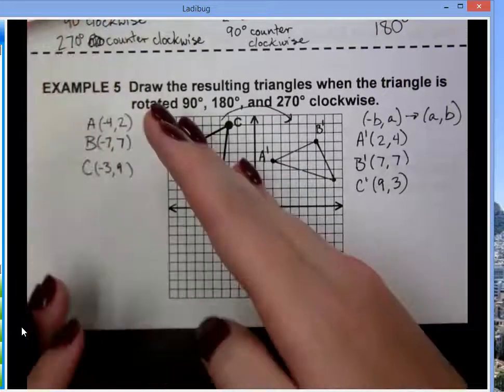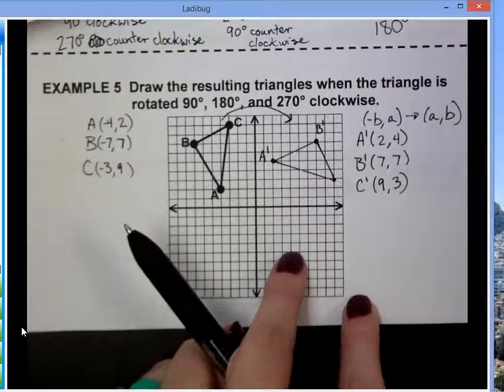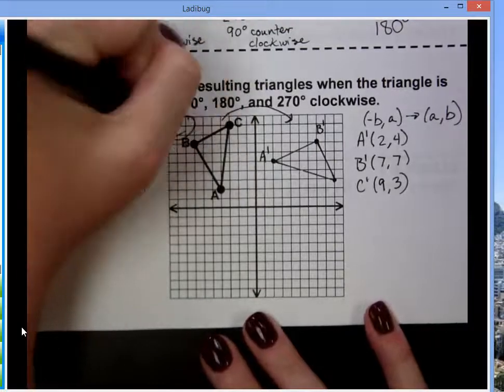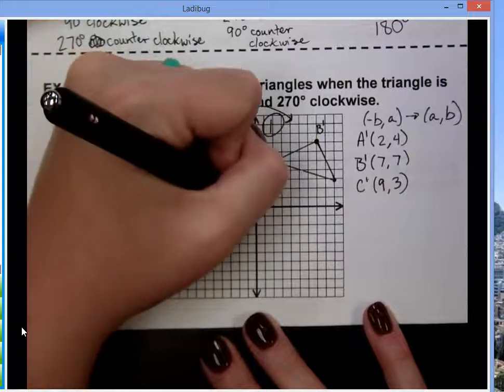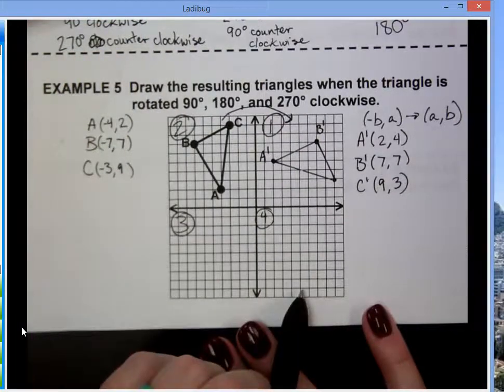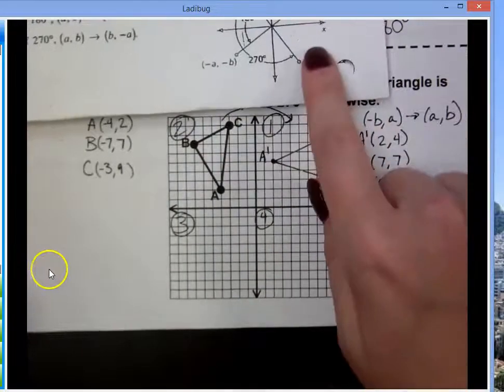We are going to start here in quadrant 2, and we're going to rotate it 180 degrees. This is quadrant 2. I'll write it so I don't forget it. Here's quadrant 4. So we want to start in quadrant 2 and rotate to quadrant 4. So if we look at the change here, we always want to go back to this graph.